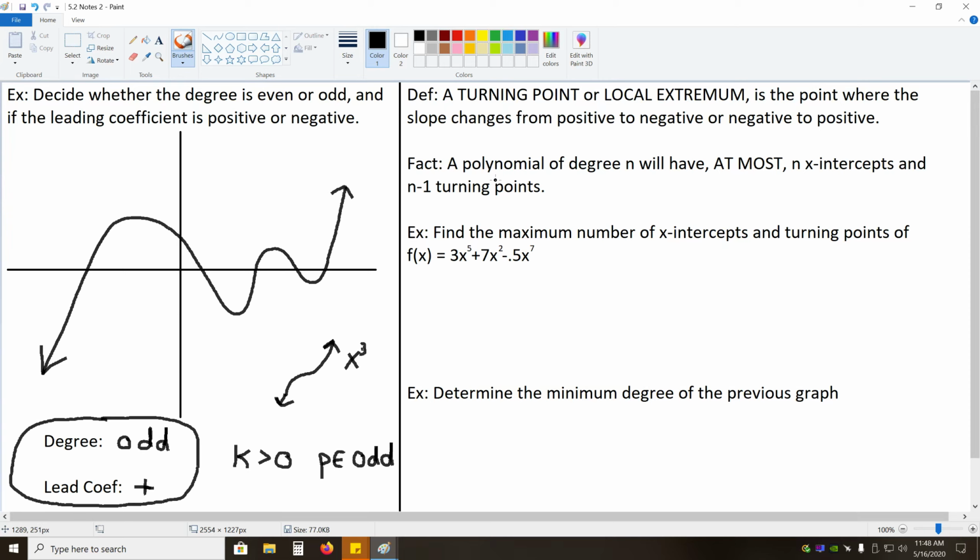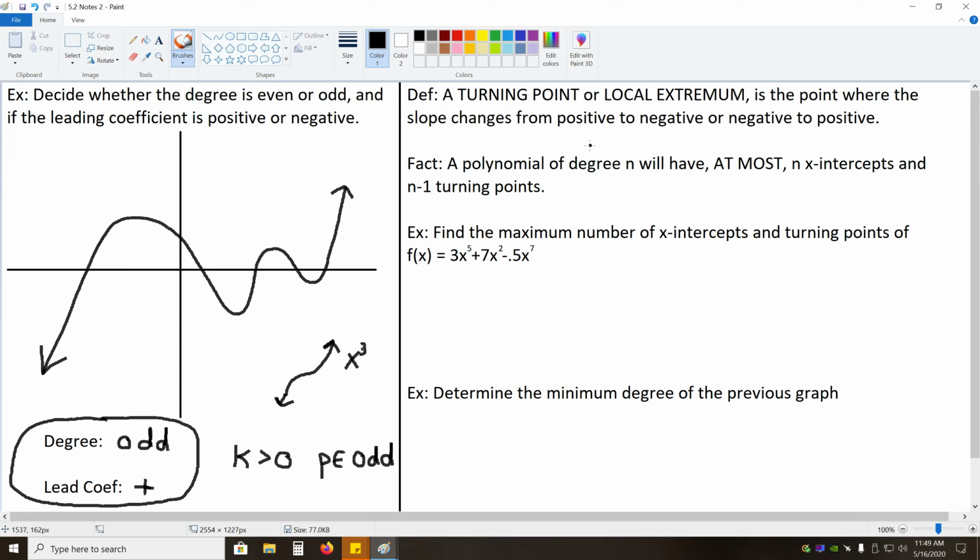Alright, so from here we introduce another definition. We'll say that a turning point or local extremum, this is also called an extrema if there are more than one of them, is the point where the slope changes from positive to negative or from negative to positive.